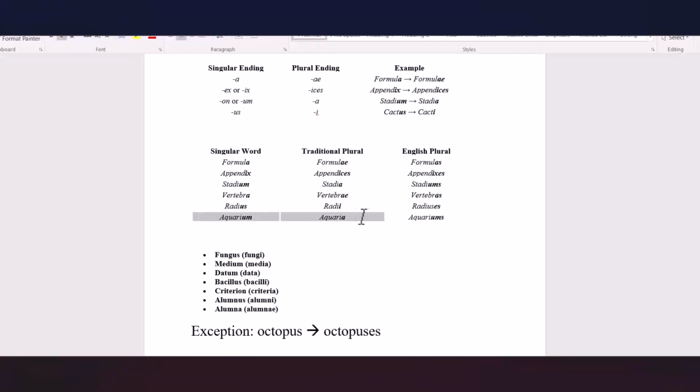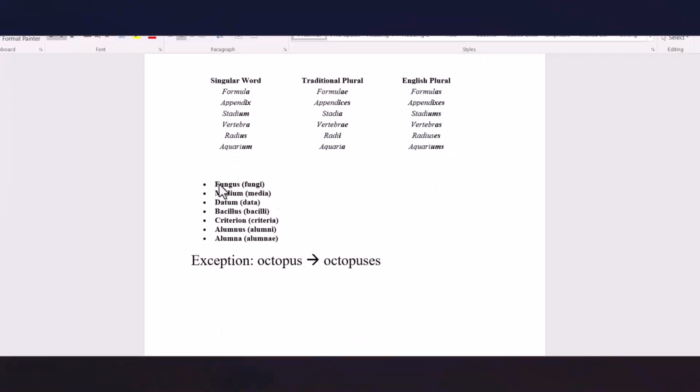Aquarium, aquariums in English plural. Other words, fungus, fungi. Fungus is an organism; mushrooms belong to this family of organisms.